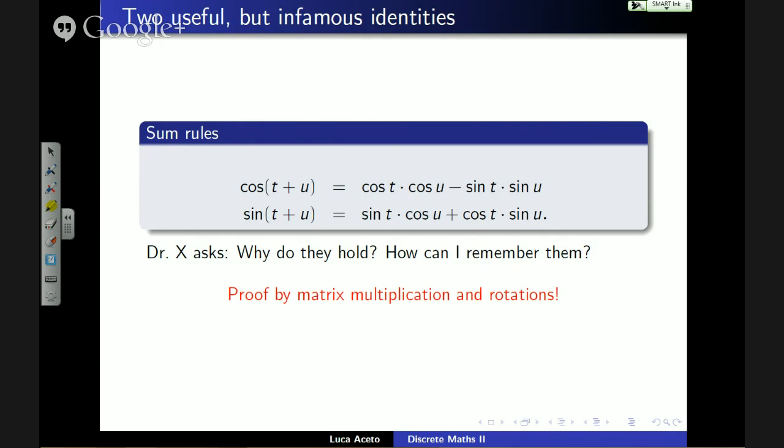So let's do it. With the help of the people in the audience, I'm pretty sure I can convince you that you don't even need to remember this stuff. The only thing you need to remember is that these are formulae that tell you that rotations can be performed one bit at a time. So why is that?